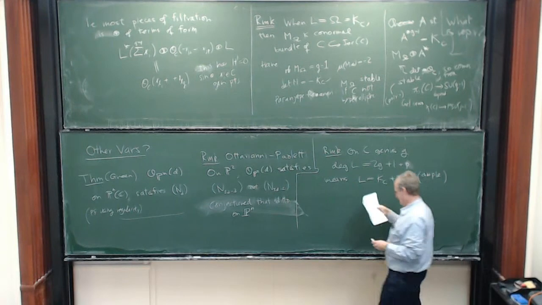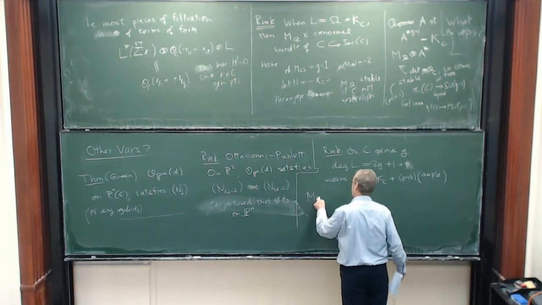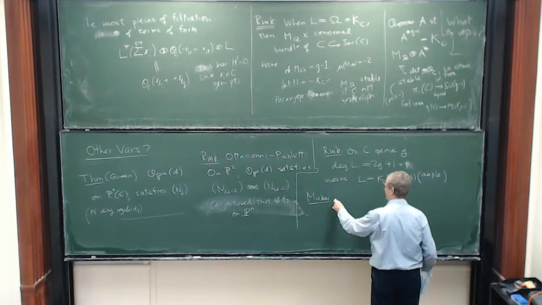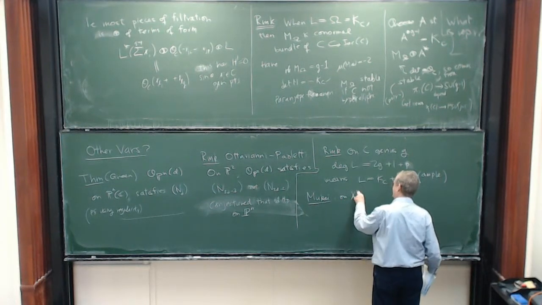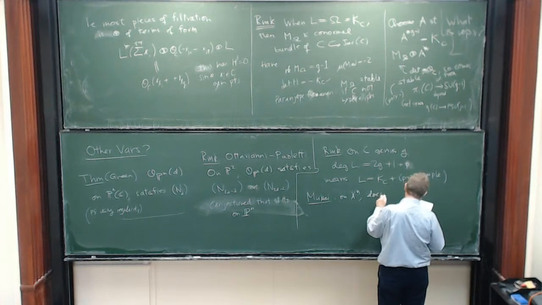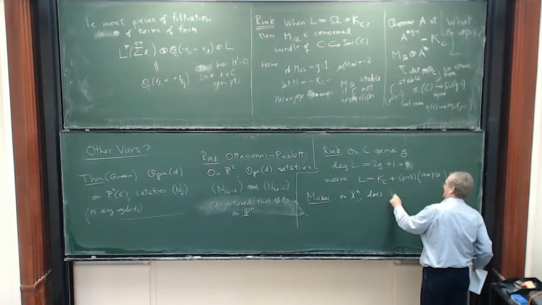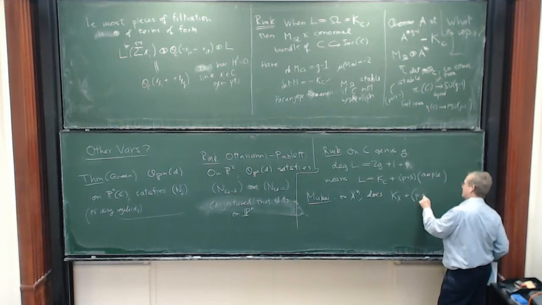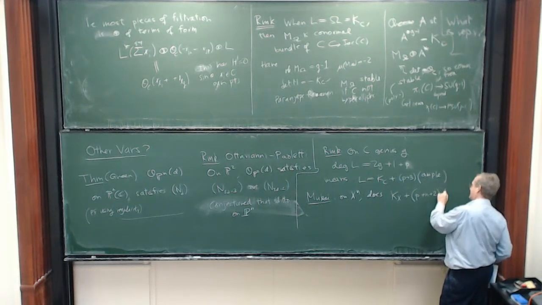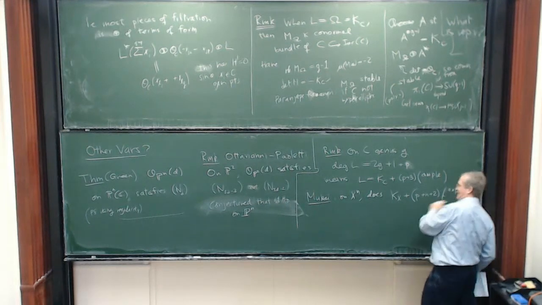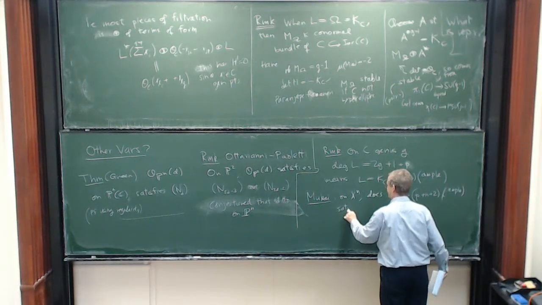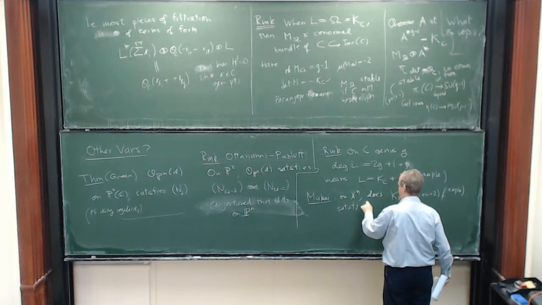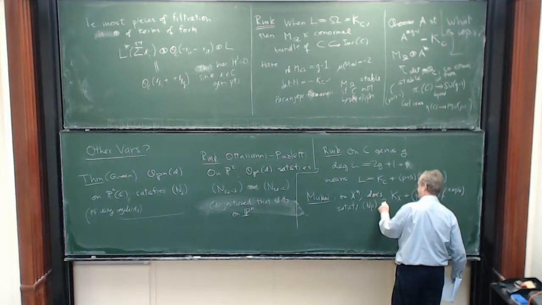So Mukai raised the question. It's a sensible question for surfaces. But anyway, he raised the question on X^n. So you could just extrapolate: K_X plus (p plus n plus 2) times ample satisfies property N_p.